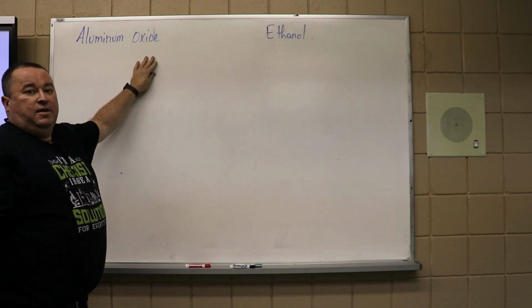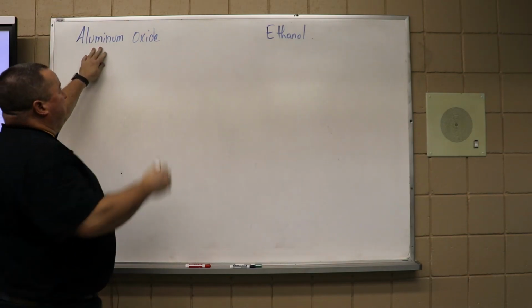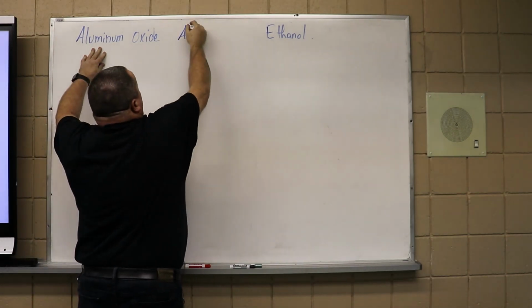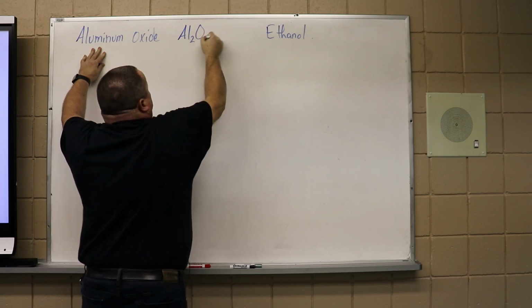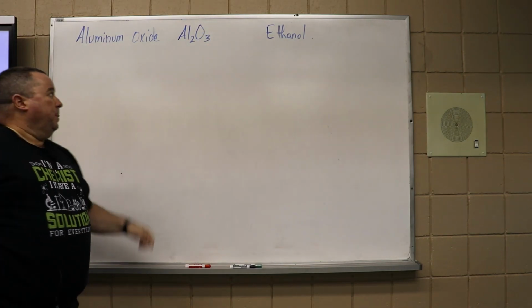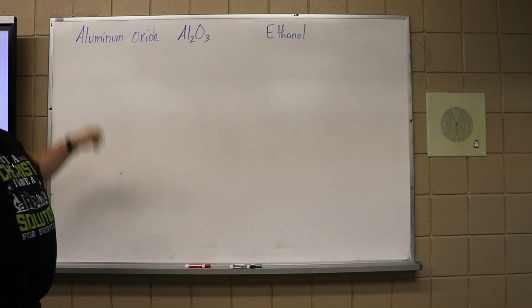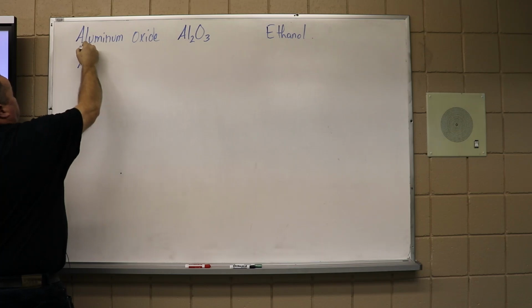I think about the least common multiple for 2 and 3 as 6, and I know that I'll need 2 of the aluminum 3 positives and 3 of the oxygen 2 negatives to make a balanced or neutral formula. Writing the Lewis diagram always begins the same.